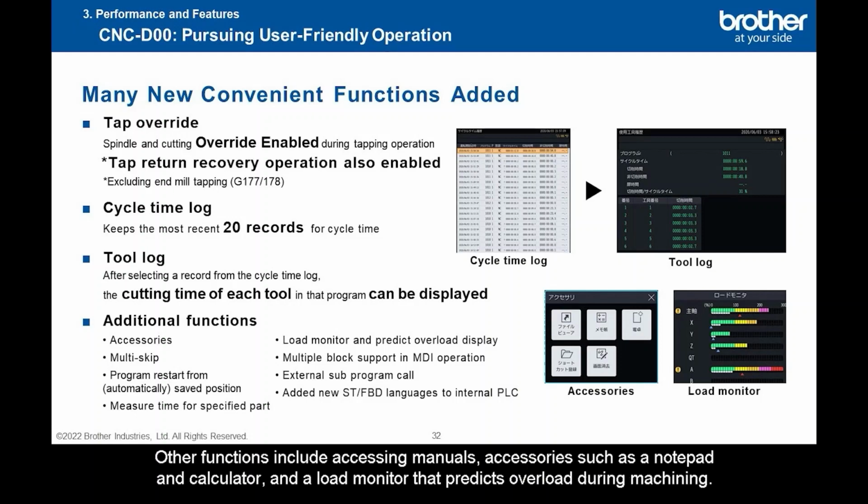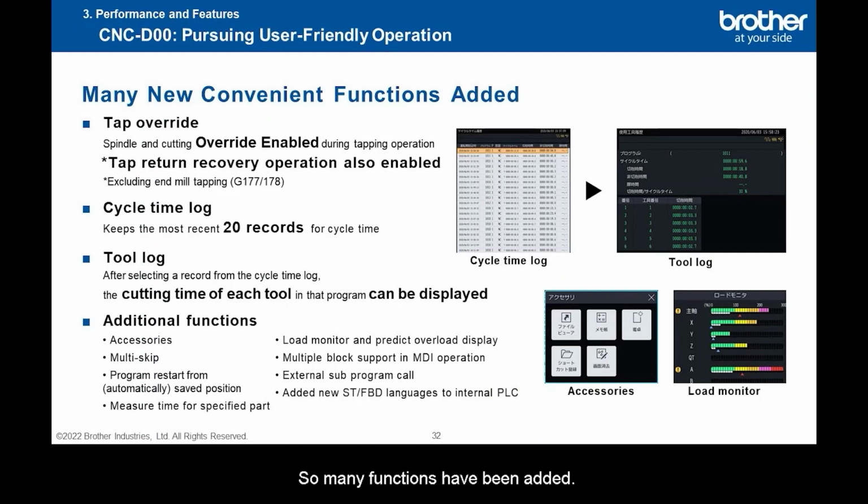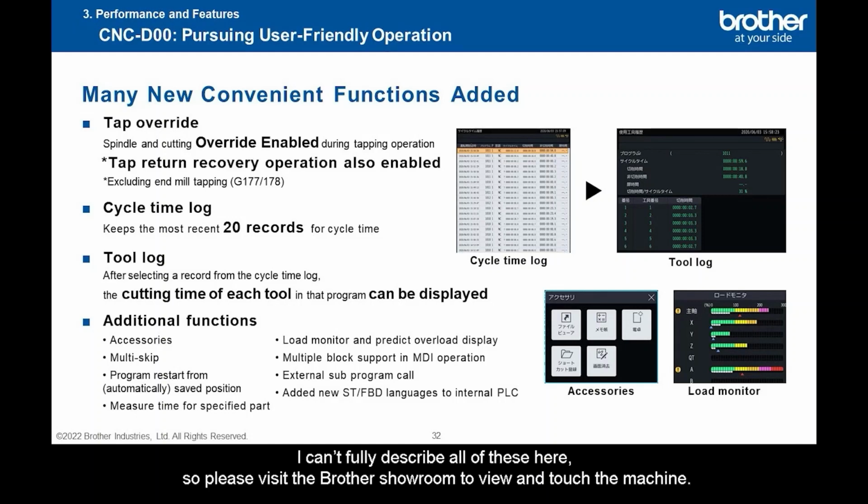Other functions include accessing manuals, accessories such as a notepad and calculator, and a load monitor that predicts overload during machining. So many functions have been added. I can't fully describe all of these here, so please visit the Brother showroom to view and touch the machine.